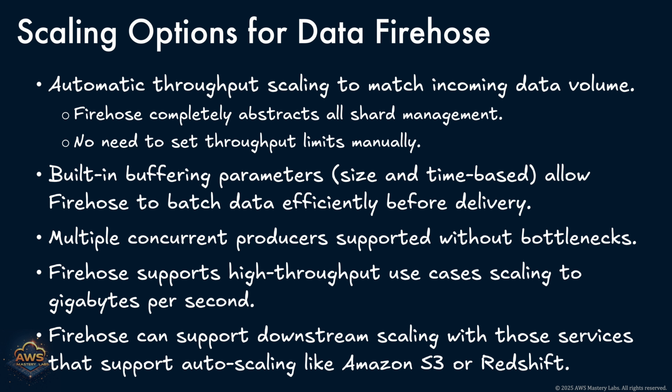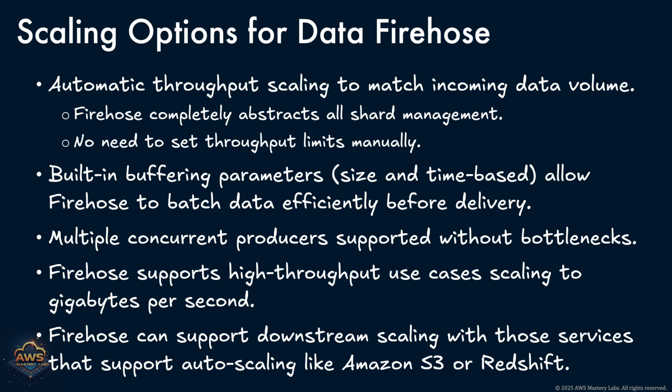Another strength of Firehose is its ability to handle multiple concurrent producers. Applications, mobile devices, AWS services, and third-party integrations can all send data to the same delivery stream concurrently, with Firehose efficiently managing the load without creating performance bottlenecks. When paired with auto-scaling destinations, such as Amazon S3, Redshift, or OpenSearch, Firehose plays nicely with your broader data infrastructure.